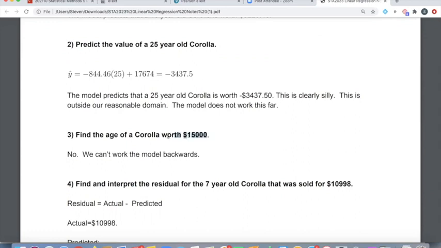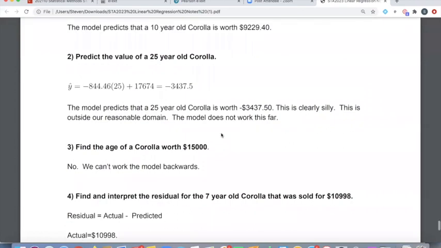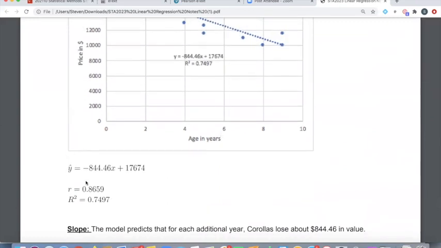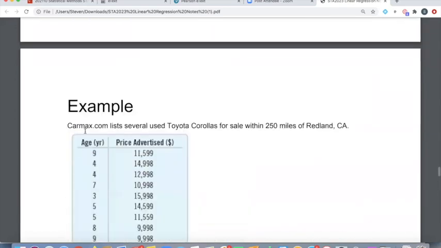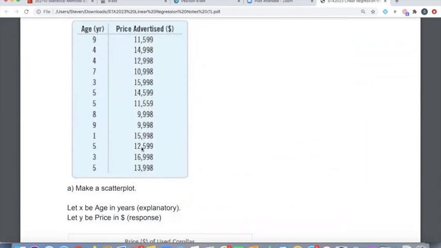Okay, what if we ask this question? Now, find me the age of a Corolla that's worth $15,000. In this model, that stands for age. That stands for predicted value, not actual value. These are my actual ages. These are my actual values.